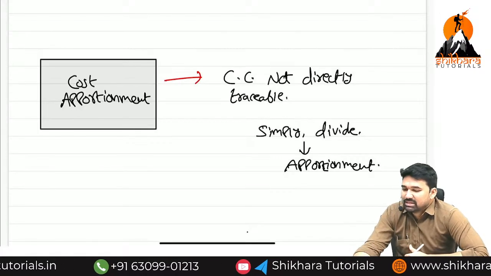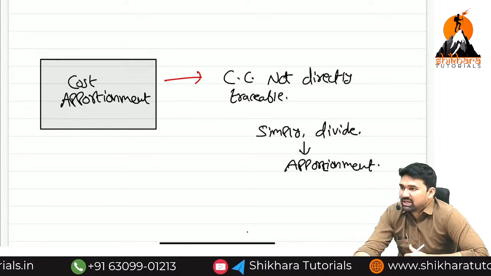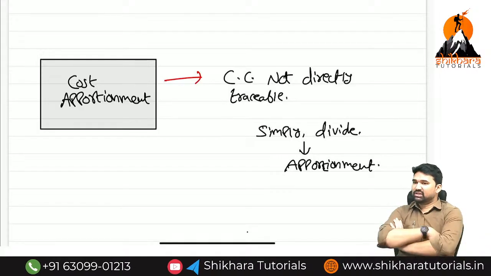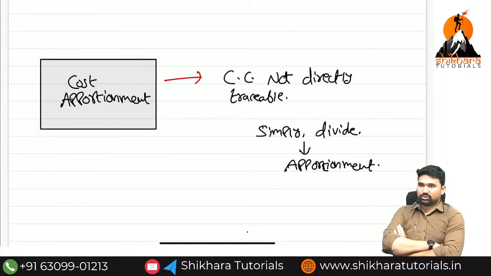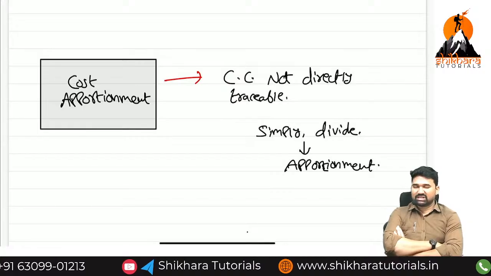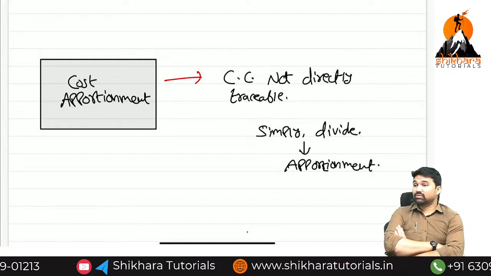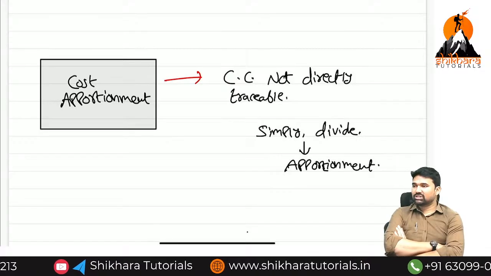This is the basic discussion with respect to cost allocation. I think students are able to understand the difference between cost allocation and cost apportionment. If information is readily available or cost centers are directly traceable, what are we going to do? Cost allocation.